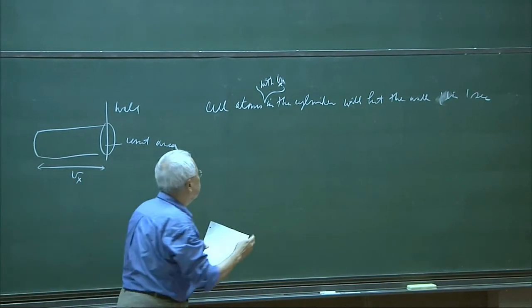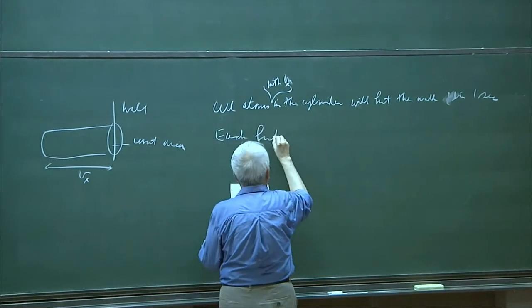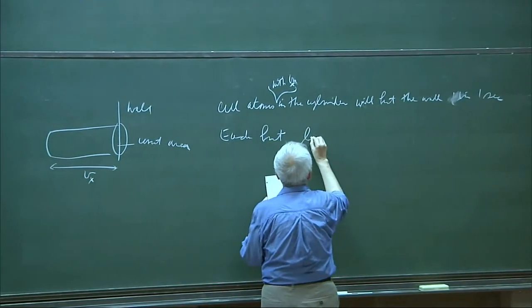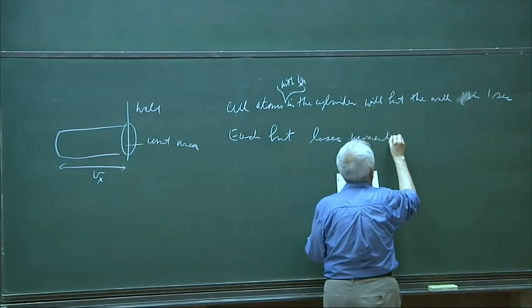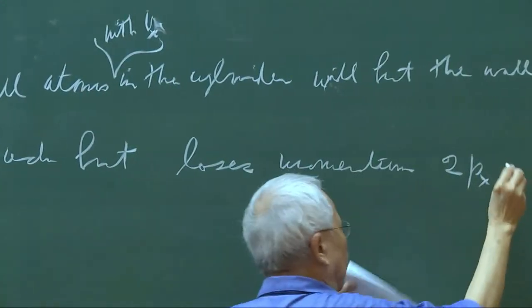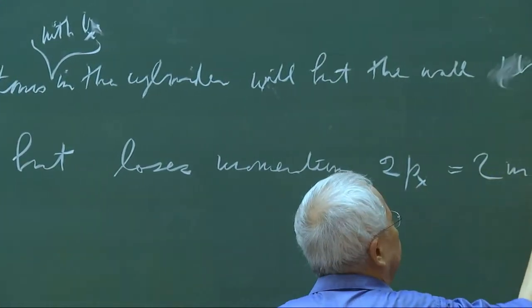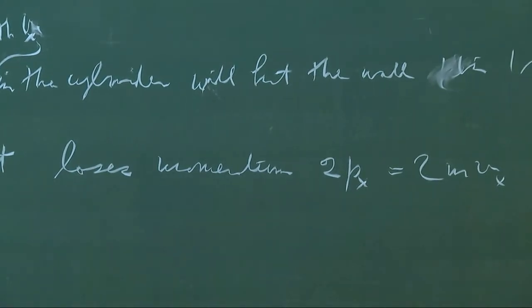Now each hit loses momentum 2px, which is 2mVx, to the wall.